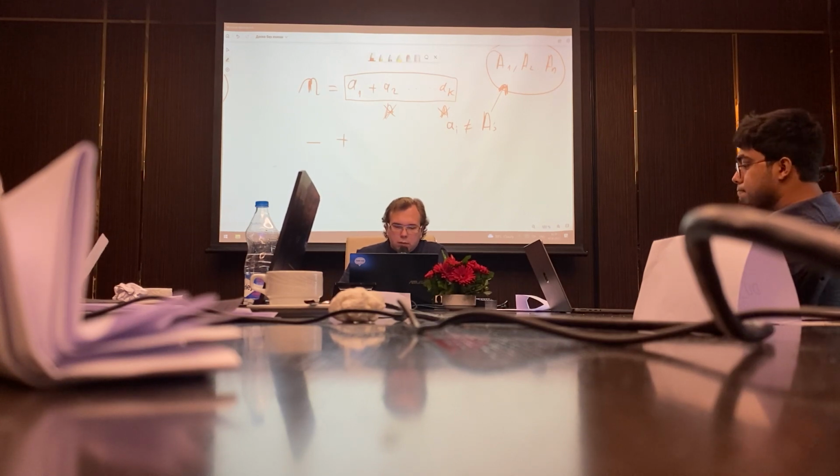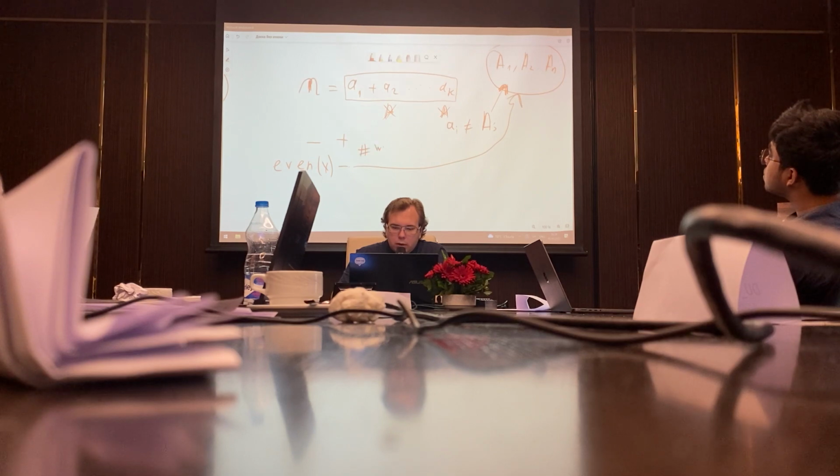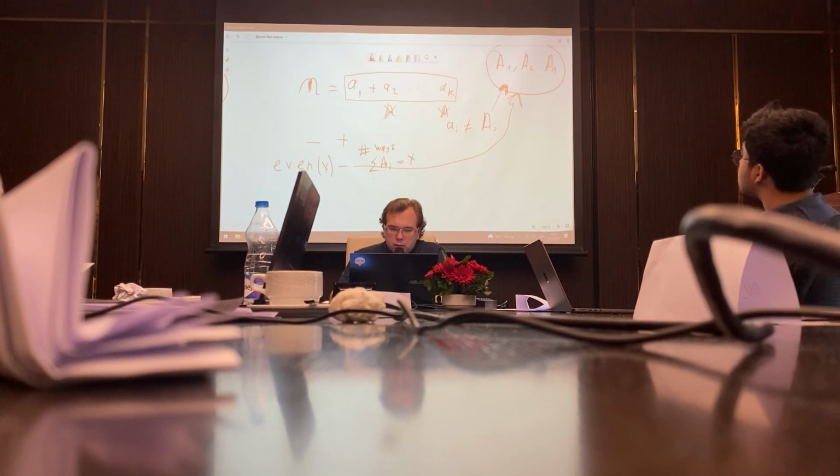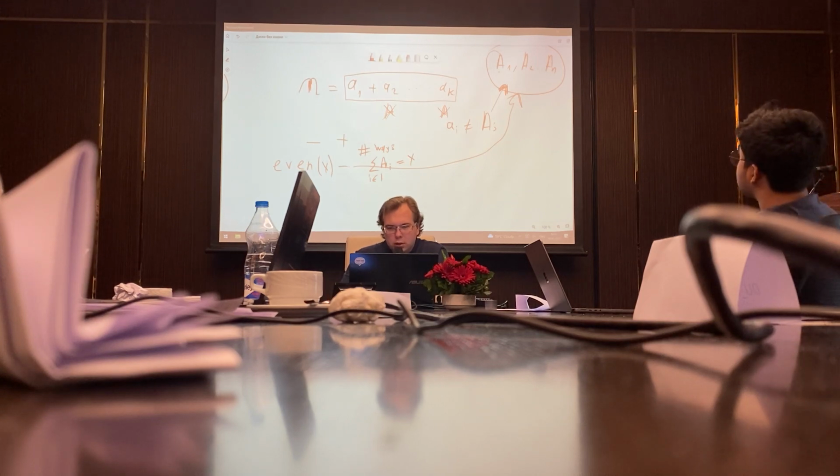Okay, so let's calculate things like even x, the number of ways to have the sum equal to x using only these numbers. So it's like the number of ways to have some indexes e such that the sum equals x, and e is not from a set, but from some multiset, because you can use the same number twice there.